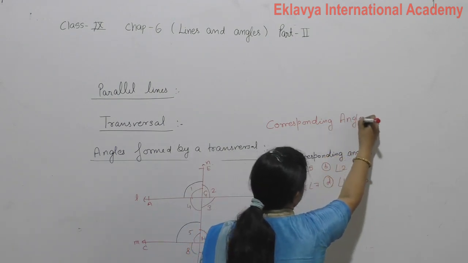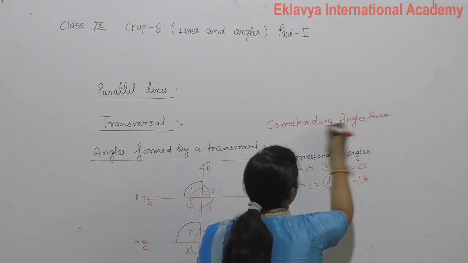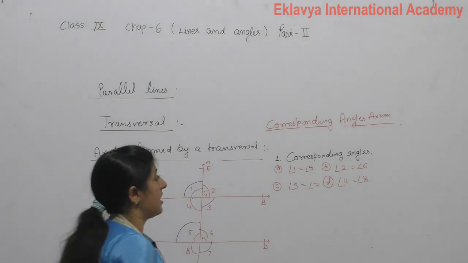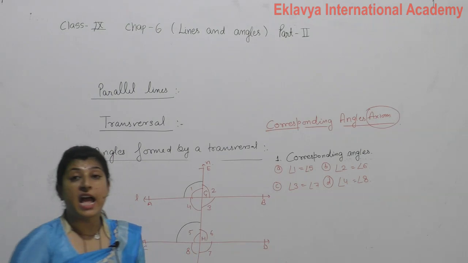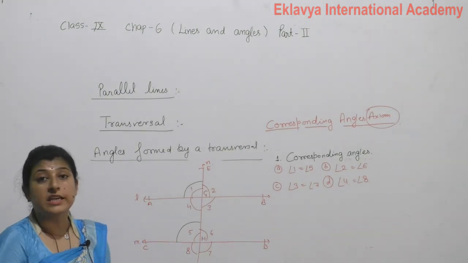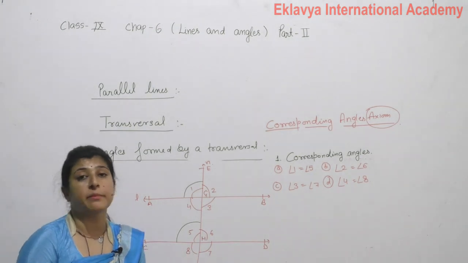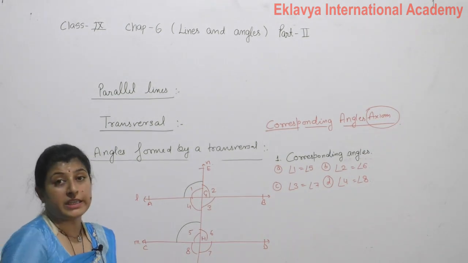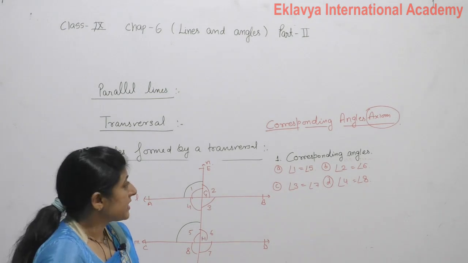And I already said in the previous lecture, what is the corresponding angle axiom? What is the meaning of axiom? An axiom is a statement which is a universal truth. It is applicable to the whole of mathematics. It means there is no need to prove it. We directly use this statement in our problems.